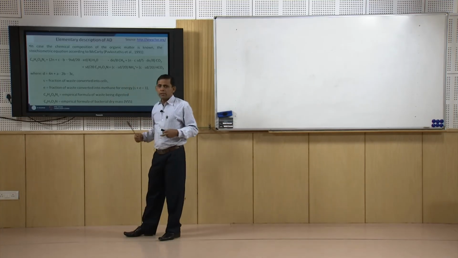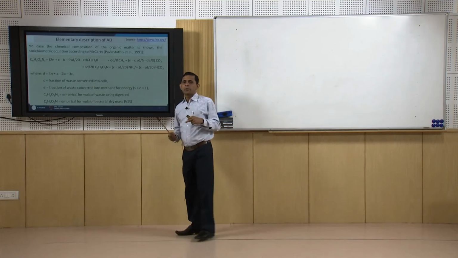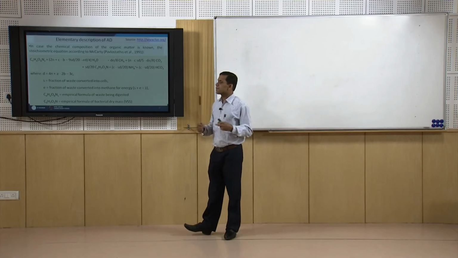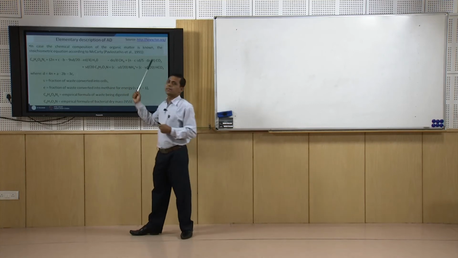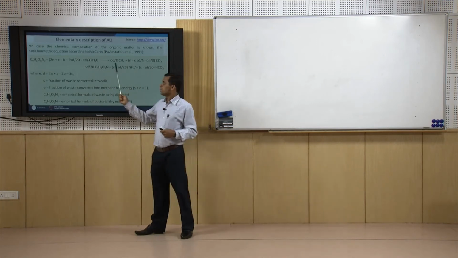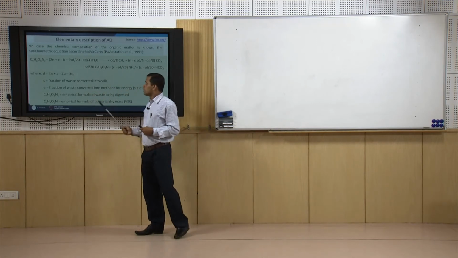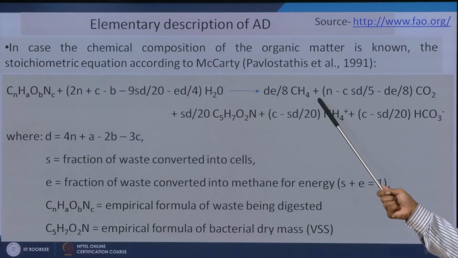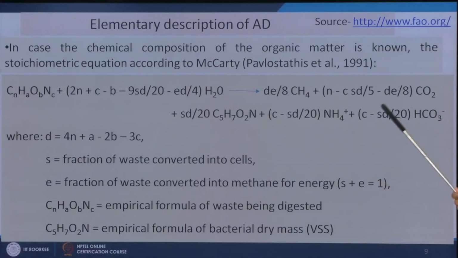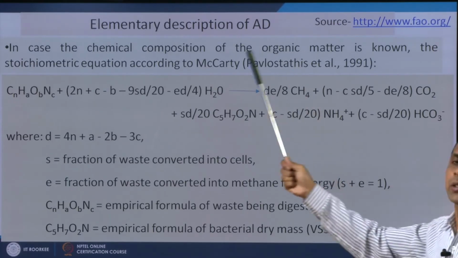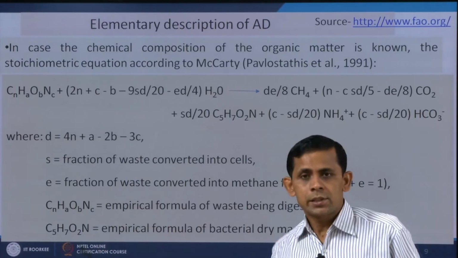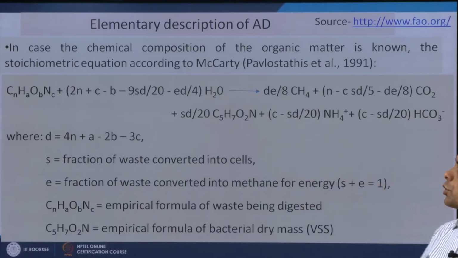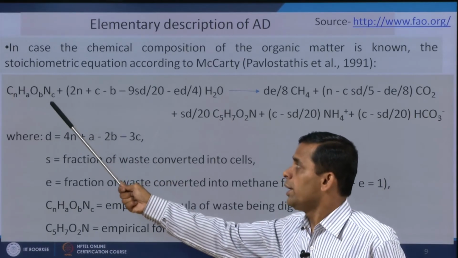So people tried to express it on the basis of experimental data, and some empirical correlations were developed and proposed in 1991, which are provided here. The biogas production, that is CH4 and CO2, takes place from an organic substrate having a CHNS or elemental analysis, CnHaObNc.